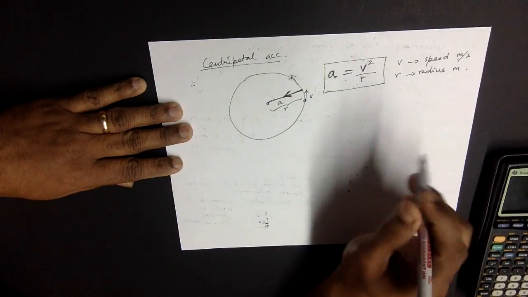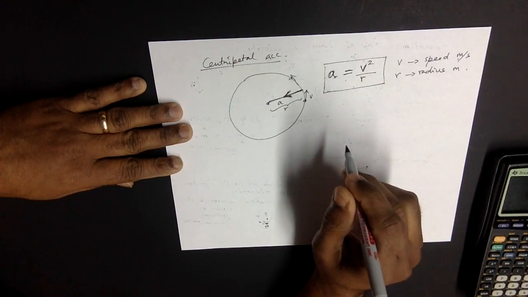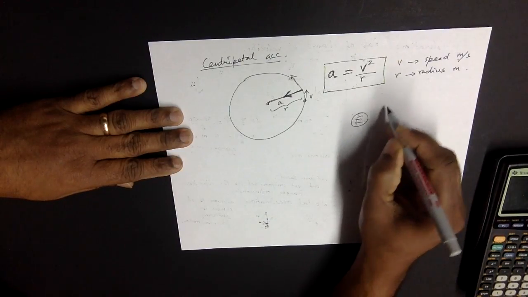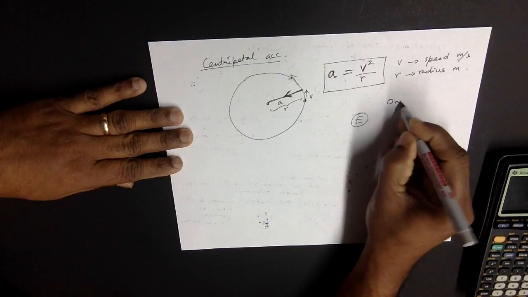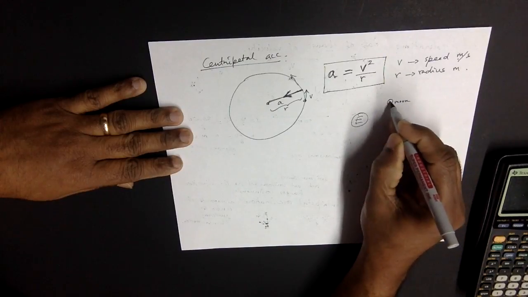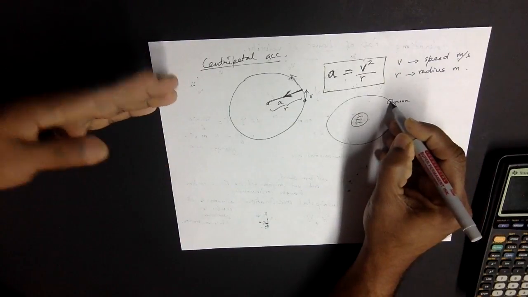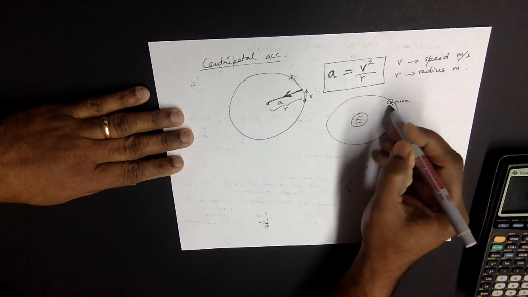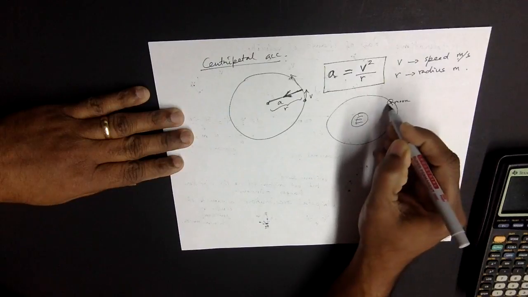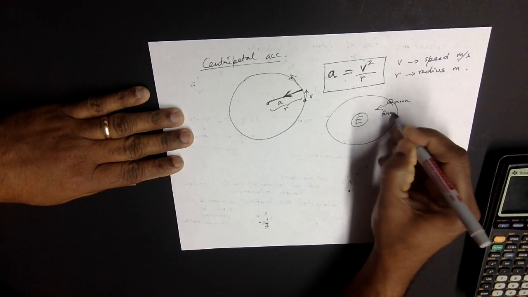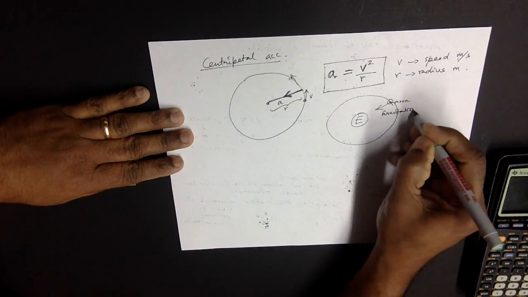So centripetal acceleration has to be provided to anything that is turning around. If you're taking the Earth and the moon, the moon is moving around the Earth, and the moon has to be provided with a centripetal acceleration, otherwise it cannot change directions. And what provides that is the gravitational force.